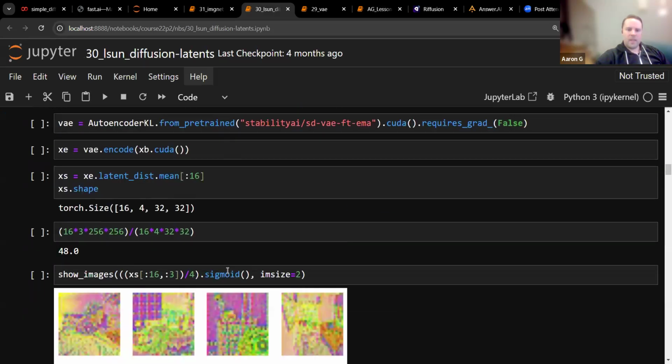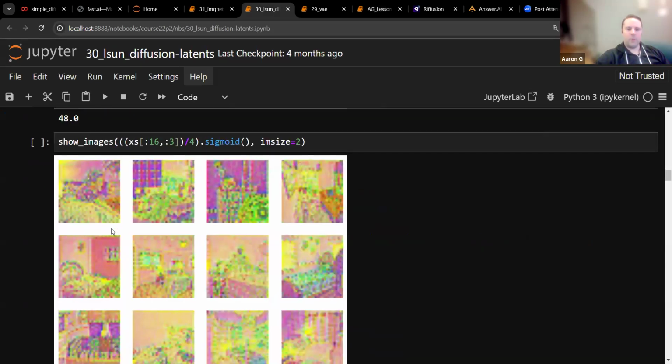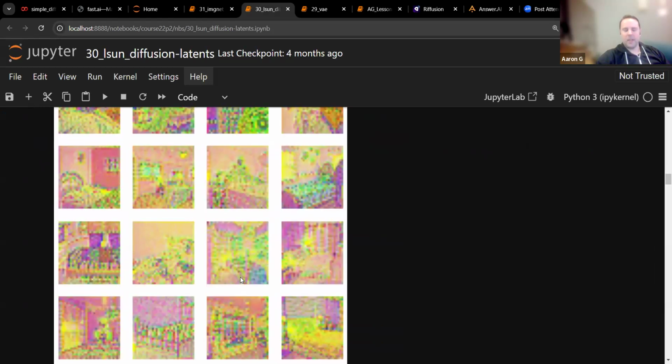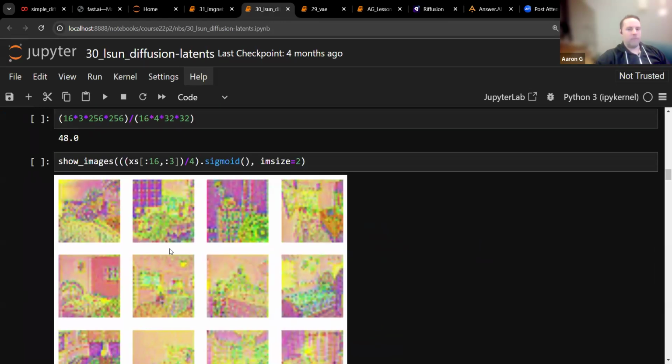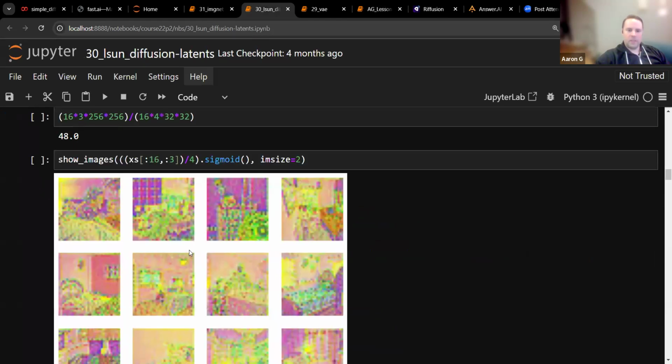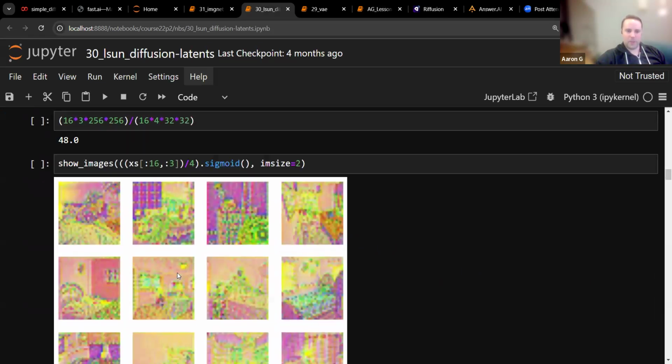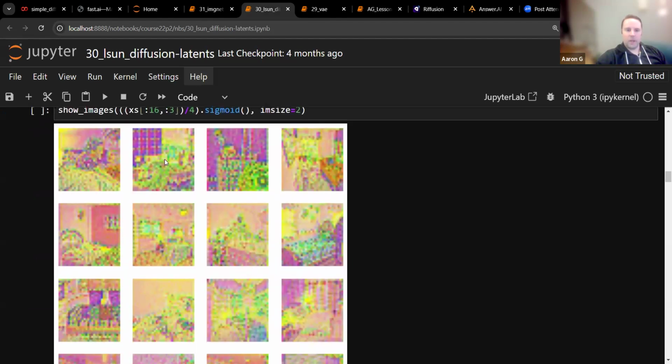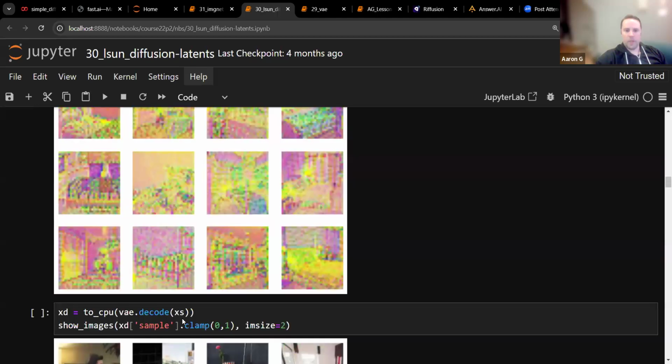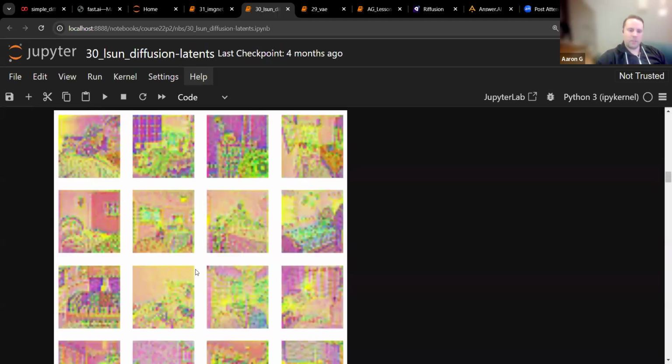And I think he actually shows you what this latent space looks like. Of course, it's 4 channels, so he's just showing the first 3 channels, because we can only see so much. The four-dimensional space is harder to represent, but you can still make out what's going on here. These still look like bedroom scenes. You can see beds in most of these images.